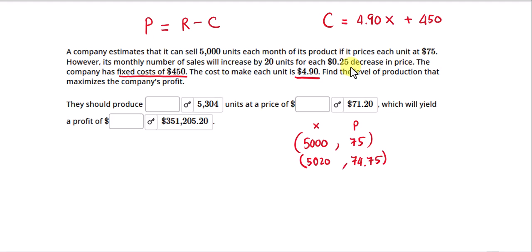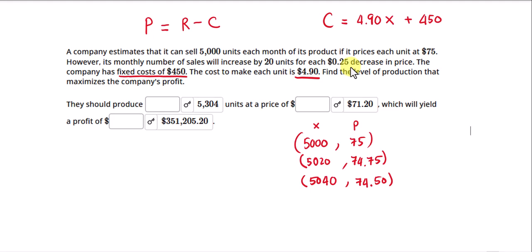And then let's say you are decreasing another 25 cents. So 74.75, when you subtract another 25 cents, that would be $74.50. And therefore you get another 20 more units, which is 5,040.